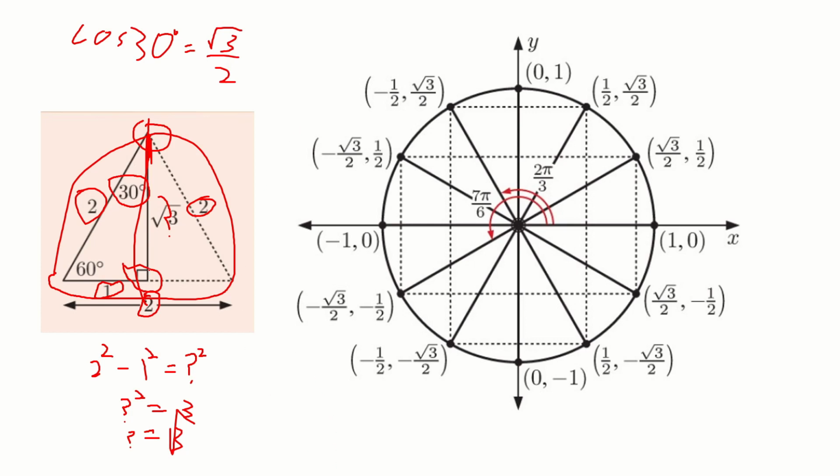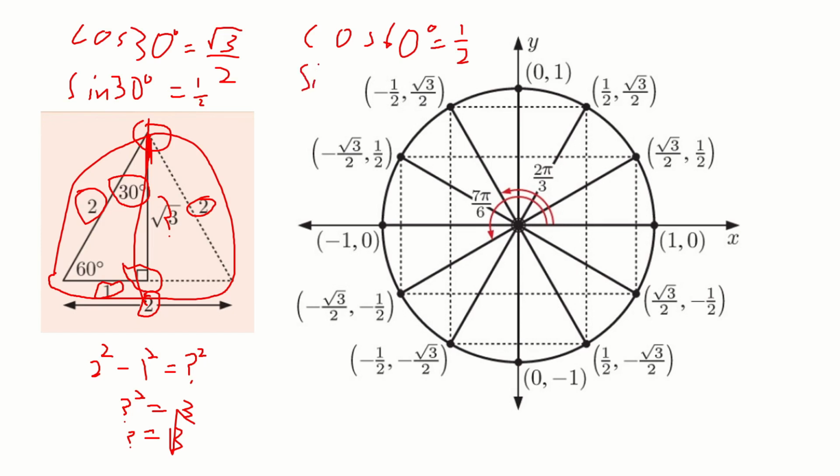But we can see here that if we take the cosine of 60 degrees, the adjacent value is the same as the opposite value of the sine of 30 degrees. Therefore, the sine of 30 degrees is equal to the cosine of 60 degrees. It applies the other way around too. The cosine of 60 degrees is equal to the sine of 30 degrees.